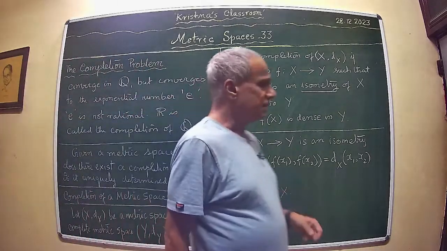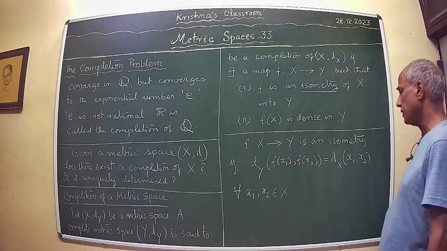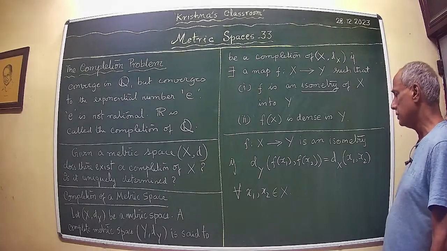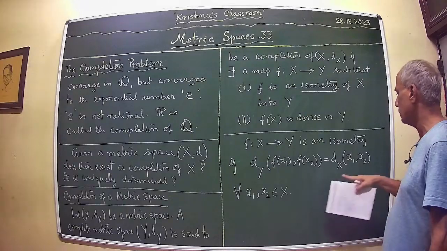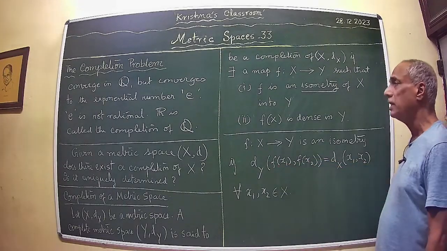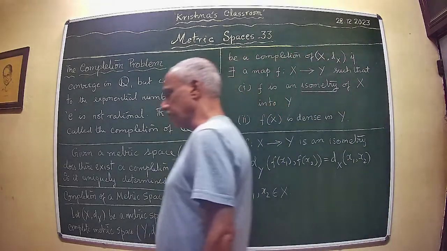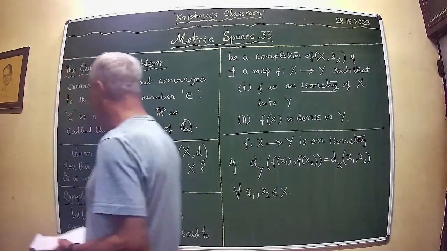Namely, if fx1 and fx2 are the images of x1 and x2 in Y, then the distance between fx1 and fx2 is equal to the distance between x1 and x2. Because dx and dy represent the corresponding metrics in the respective spaces.